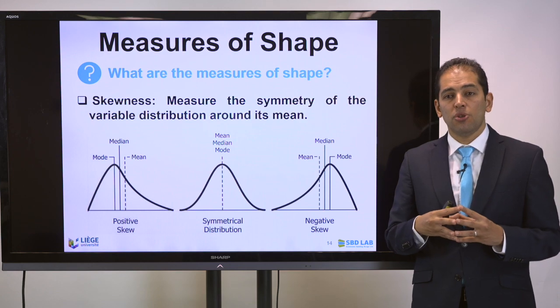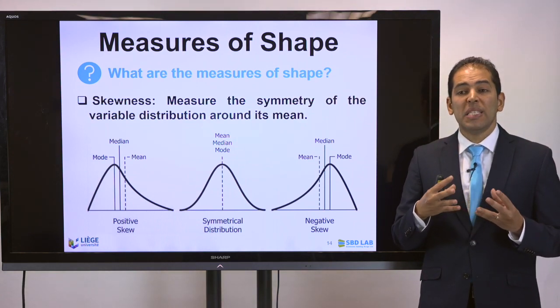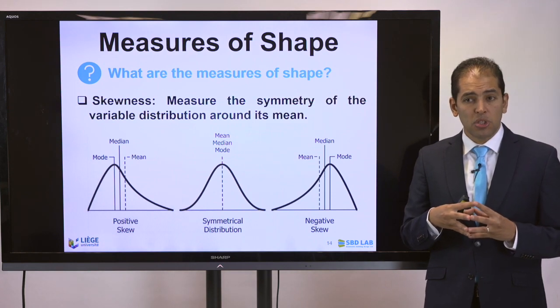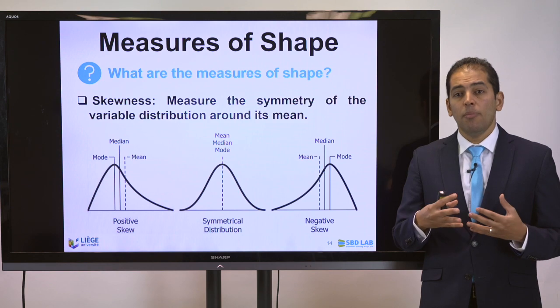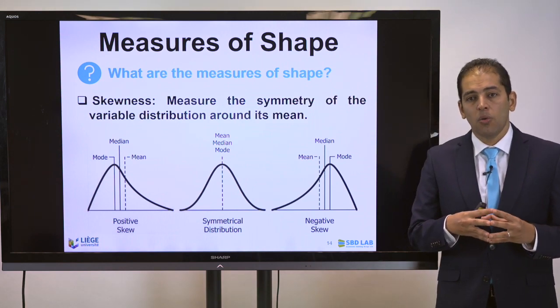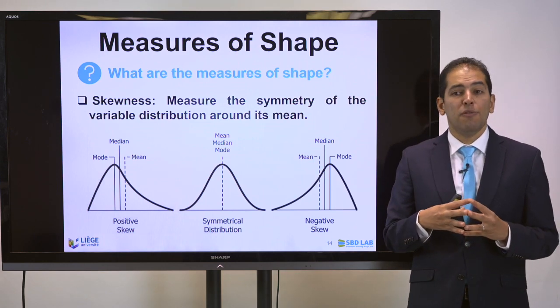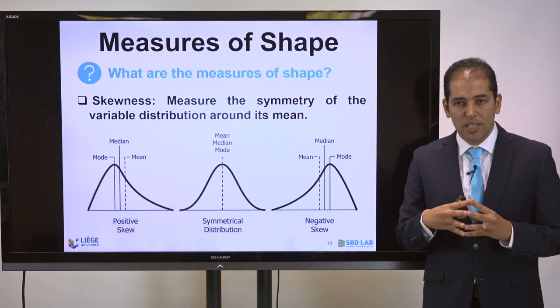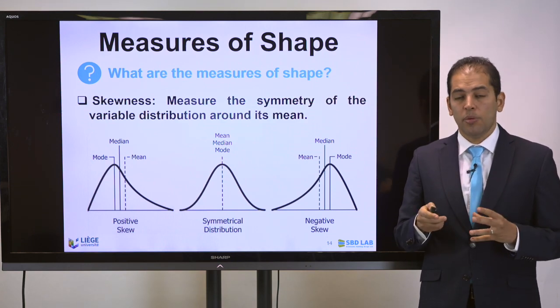This brings us to the term skewness. Skewness is simply the measure of symmetry of the variable distribution around its mean, and it must be assessed by visualizing our sample, and based on our visualization we can define the skewness of our sample. So this is also a very important test on the measure of shape.